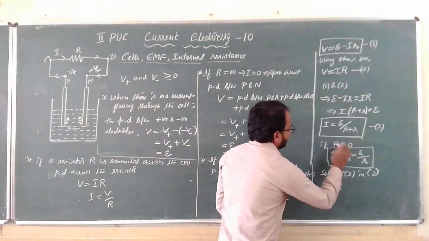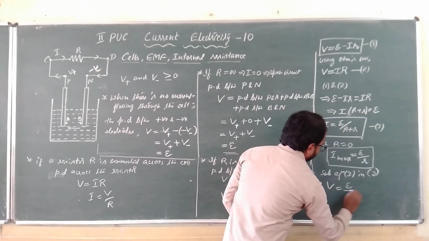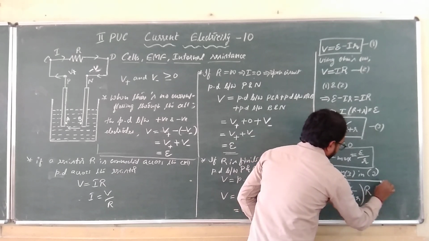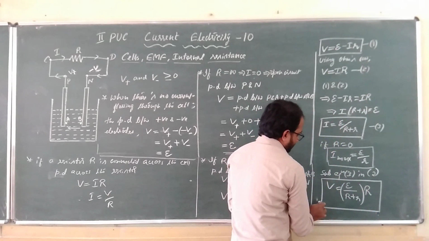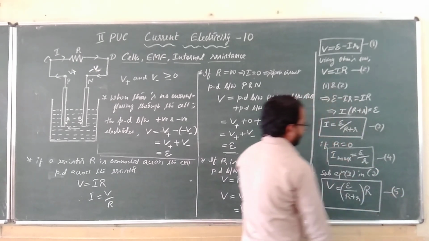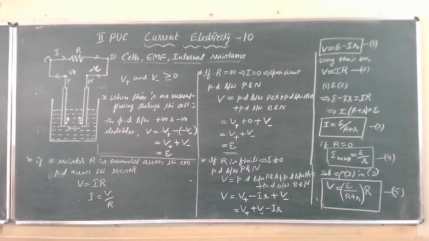So V is equal to I into capital R, so V is equal to E by (R plus r) into R. This is another expression for terminal potential difference of the cell. V is equal to E by (R plus r) into R.